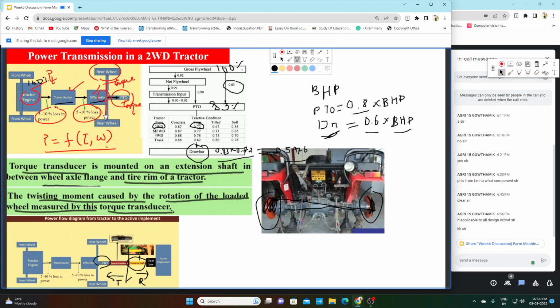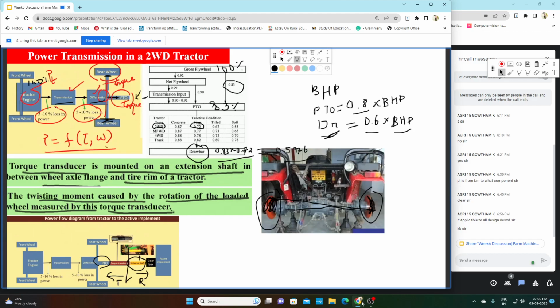Now for PTO torque, if there is an active tillage implement, there will be a universal shaft. So in between this PTO and universal shaft we are putting our torque transducer.